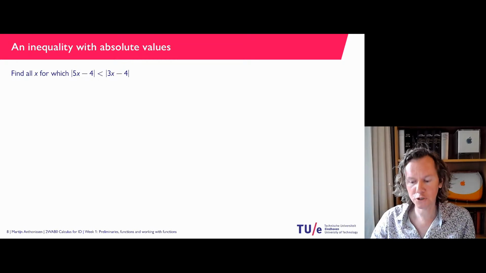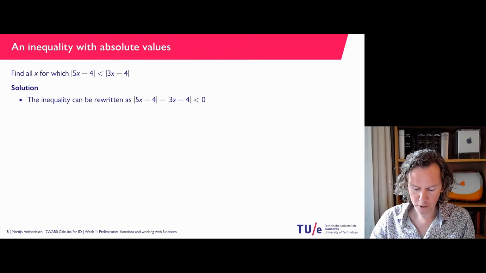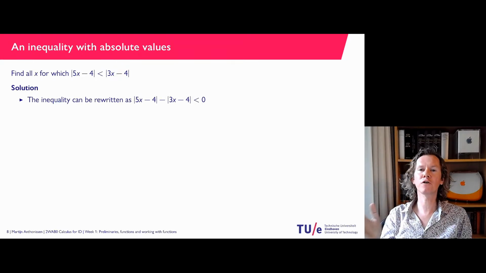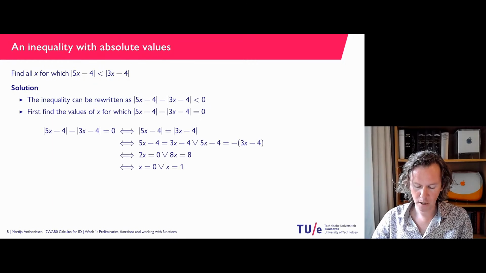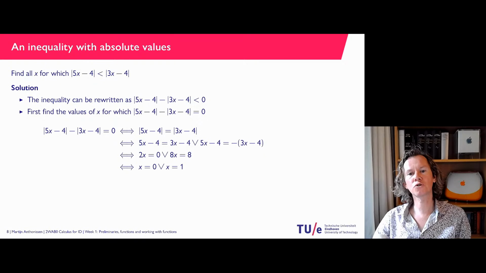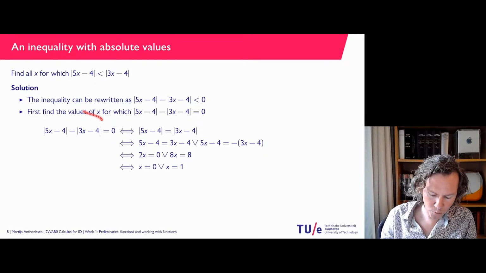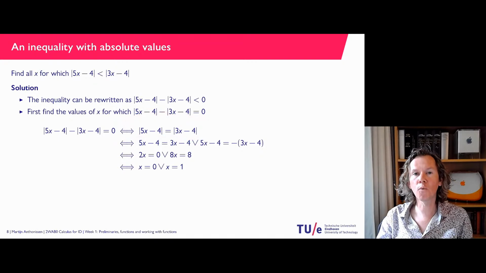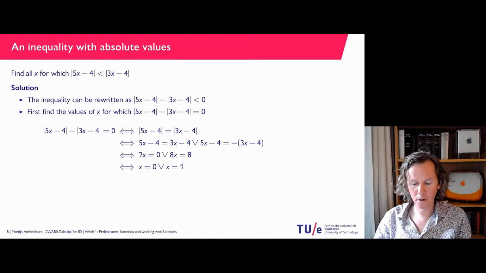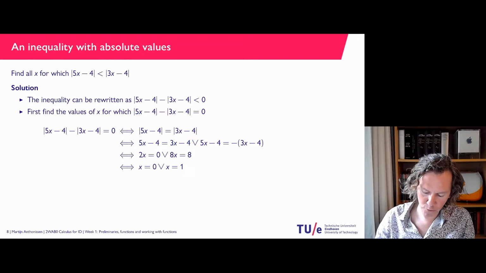So the way it works is just following what we did before. First we move everything to one side of the equation so that we get a 0 in the right-hand side. Then we first see where this thing equals 0. So the absolute value of 5x minus 4 needs to equal the absolute value of 3x minus 4. That gives two separate equations.